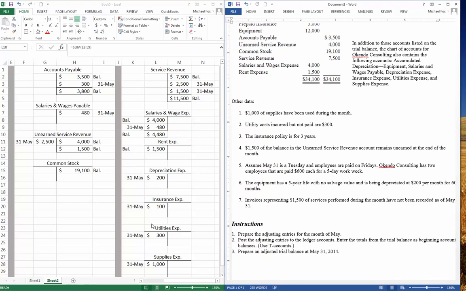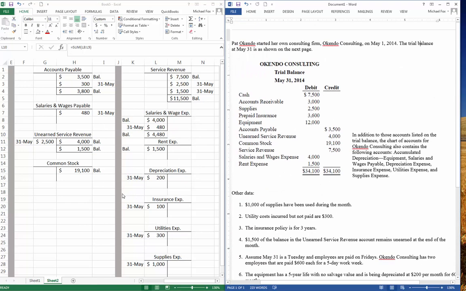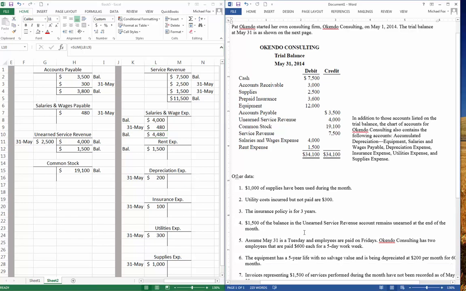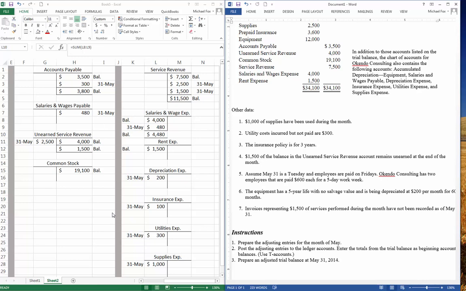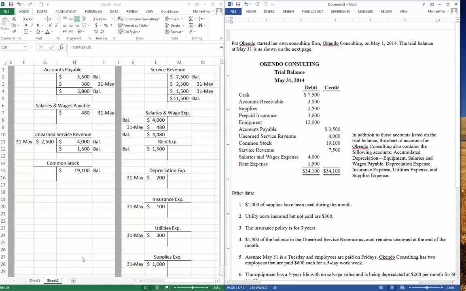So that's pretty doable for us because we have all the accounts right here. In essence, all we have to do is put them in order, in the same order that we have them in on our ledger, and then put the balances. Okay, so it'll look just like this trial balance, but it'll be an adjusted trial balance.